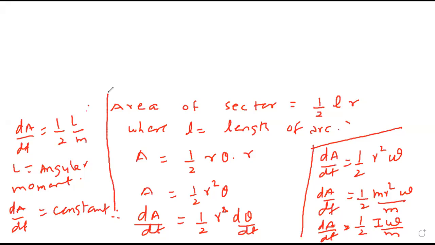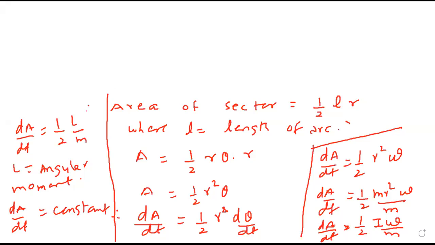Change in area per unit time is constant. So that means this area per unit time is constant throughout. That means if time is the same, area will be the same. So dA is constant into dt. So when you put the same dt, then same dt into constant will be your area.